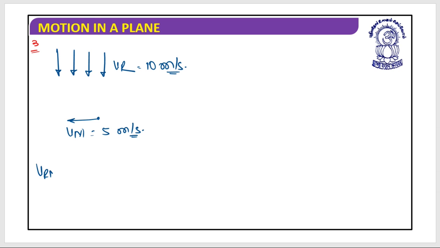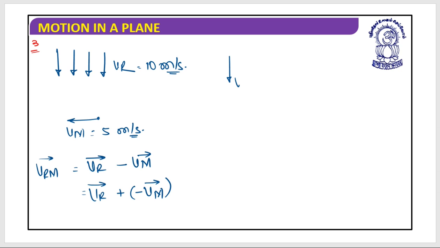First thing, what I want is VRM, which is basically VR minus of VM, or it is VR plus minus of VM. So at this point of time, the situation is this is VR and this is VM. So if I want to make VR and minus of VM, what I need to do? I need to just produce the negative vector of this. So negative vector of this would be in this direction. This is minus of VM.